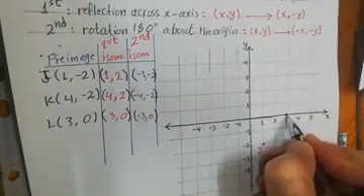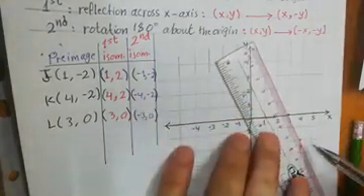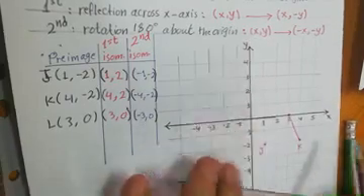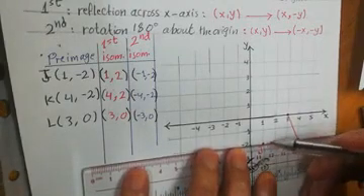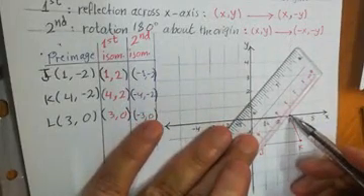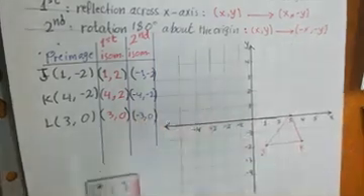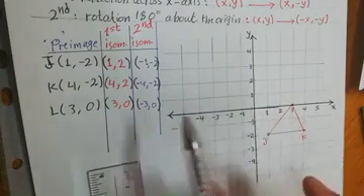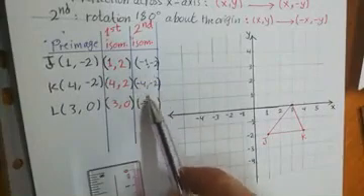So this is the triangle. After the composition, it will be like this.